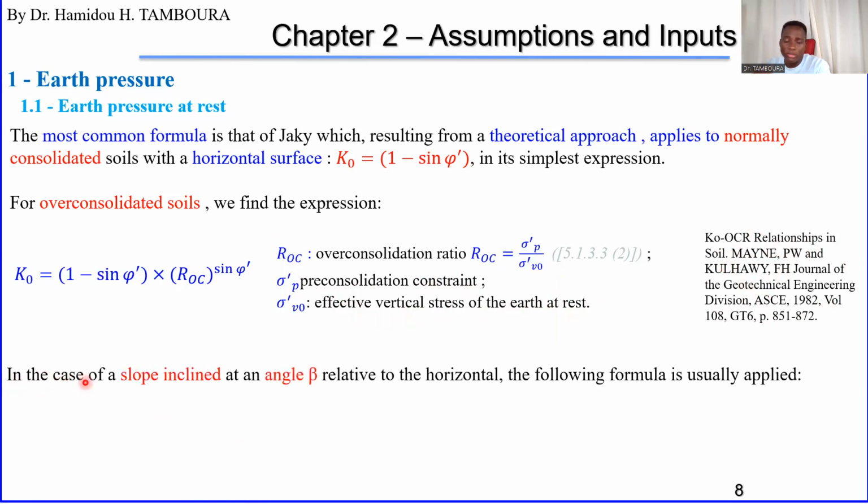In the case of an inclined slope with the angle of inclination beta, the retaining wall is like here, and the soil behind the wall is not horizontal but inclined.